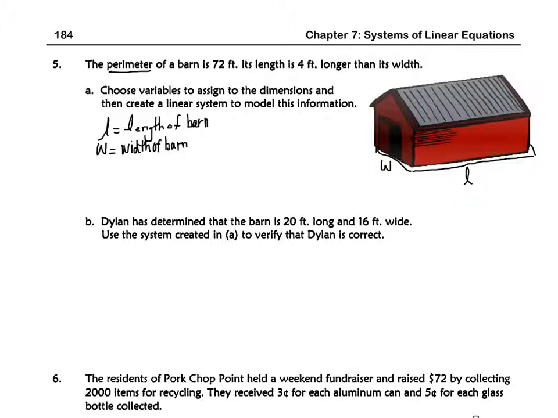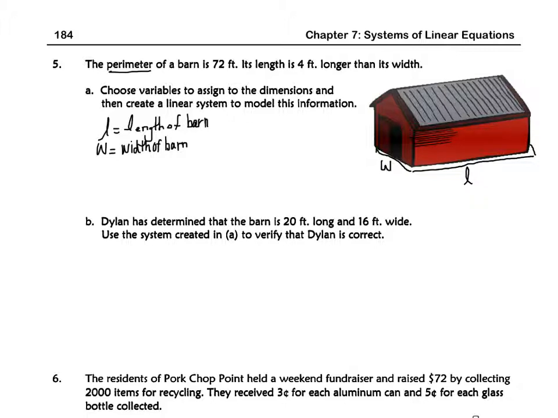Now we have to come up with two equations. If we have two unknowns, we need two equations to be able to determine what those two variables are. And again, we're only setting up the systems now. We will learn how to solve these systems as we move through the chapter.